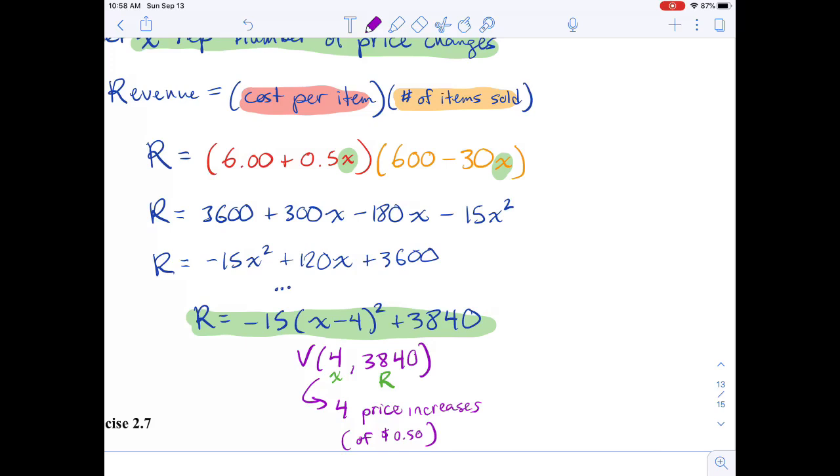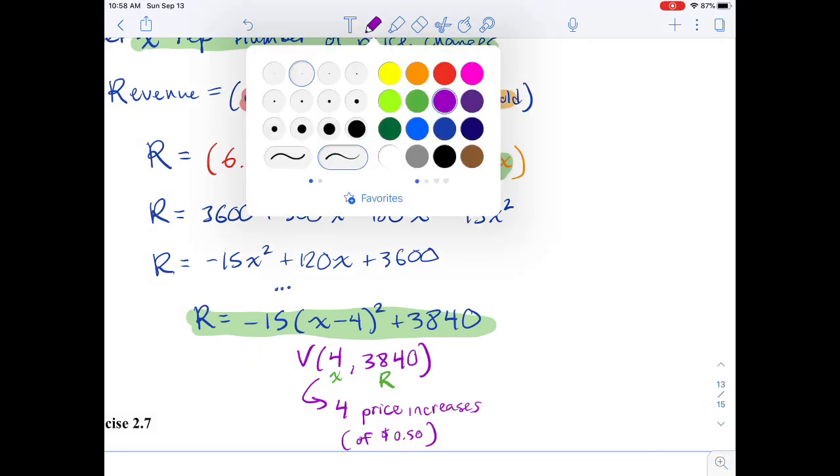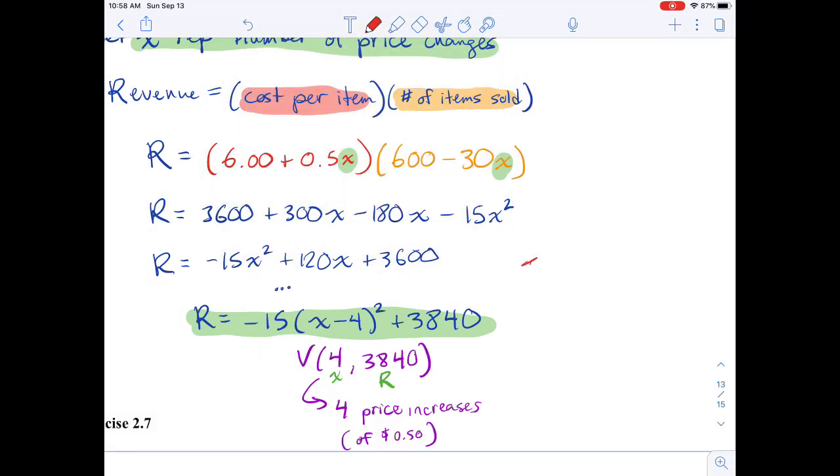So if we want to find the price, we actually need to do a separate little calculation. So it's really just using this relationship when I find my price.